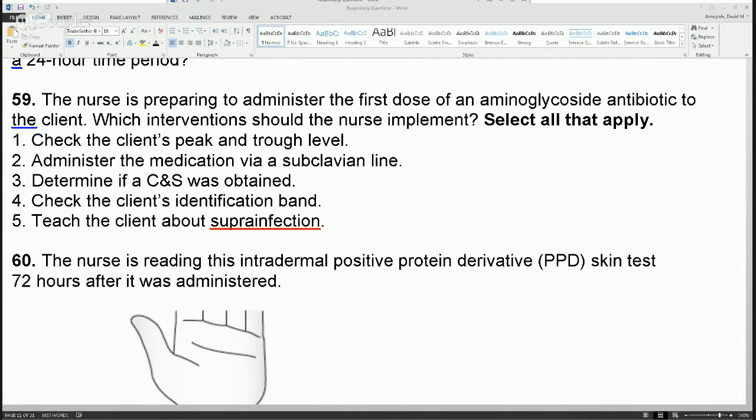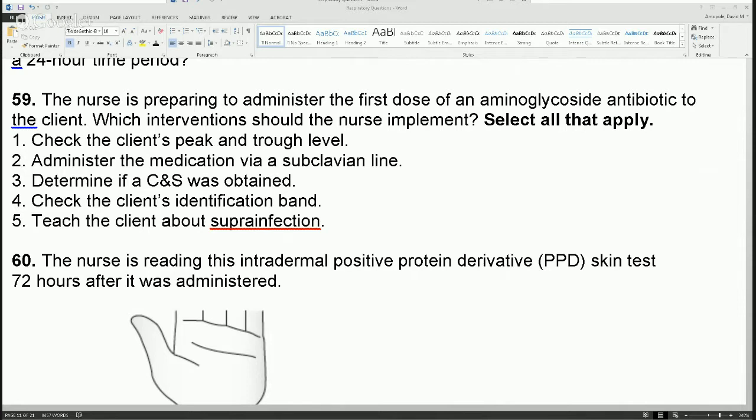It's a nasty one, so you don't want to put it in peripherally, so probably that. Determine if culture sensitivity was obtained. Maybe. Check the client's identification band. Yes. Teach the client about superinfection with that.